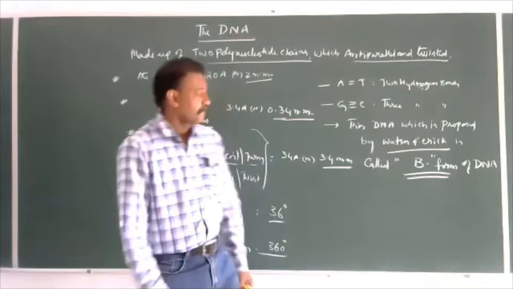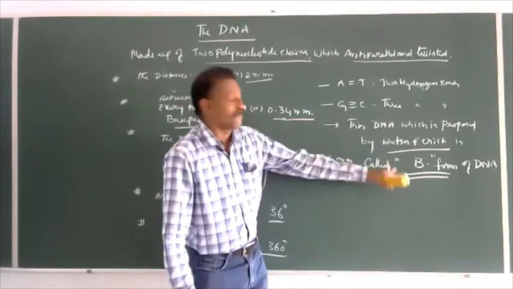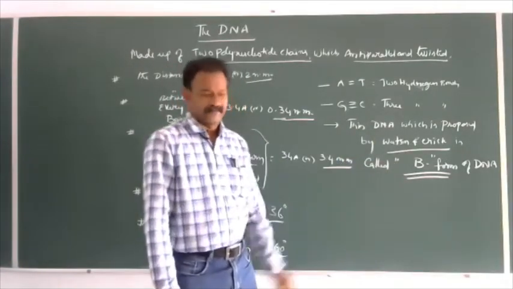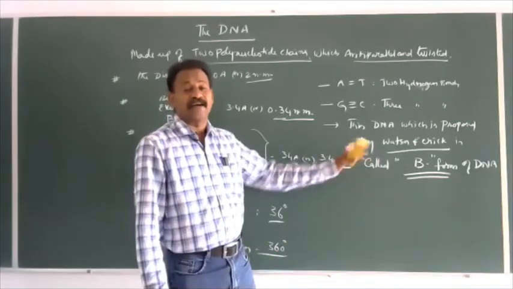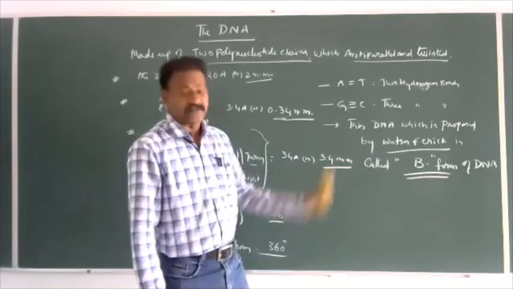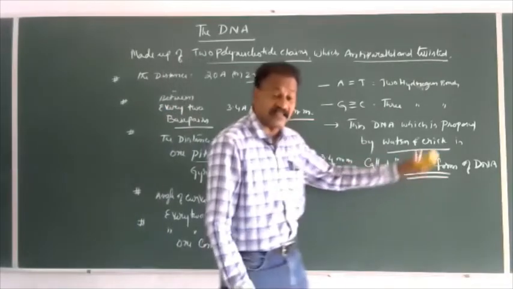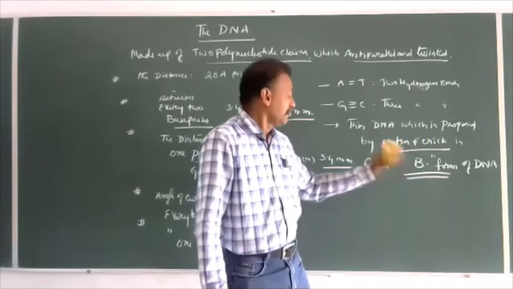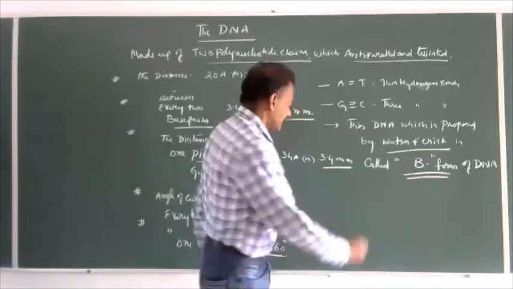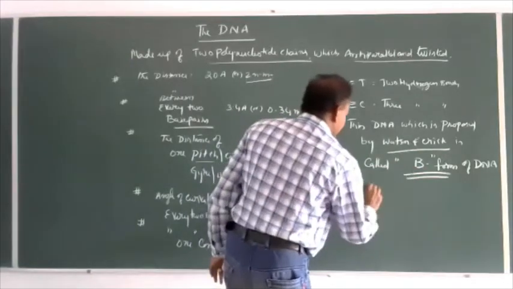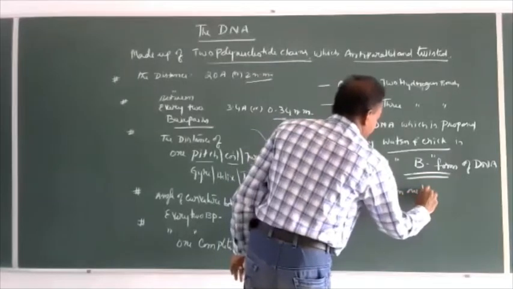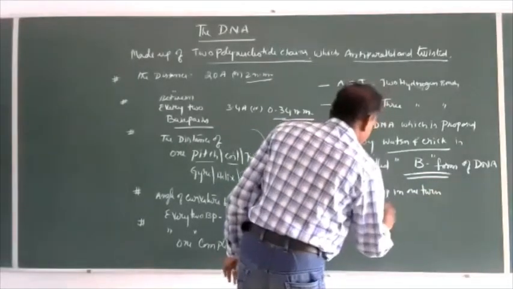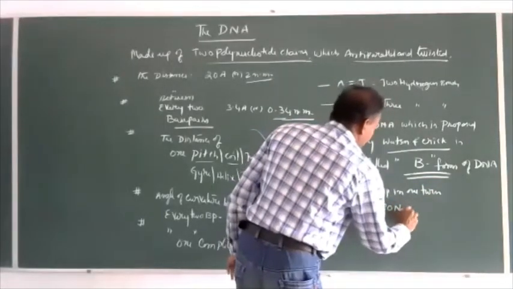So, what is B form of DNA? The most accurate model which is presented by Watson and Crick, they observed this and they have given the name B form. It means it consists of 10 base pairs in one turn, which is equal to 20 nucleotides.